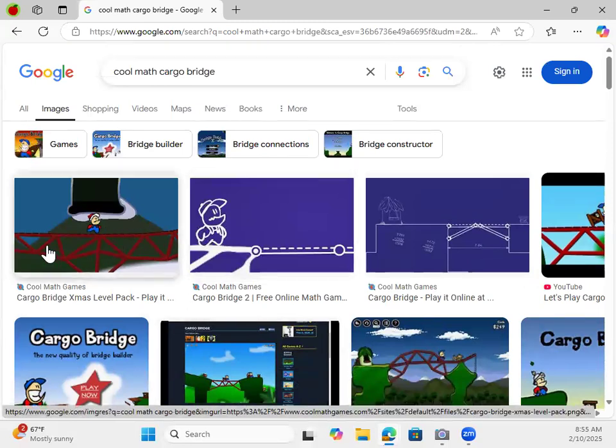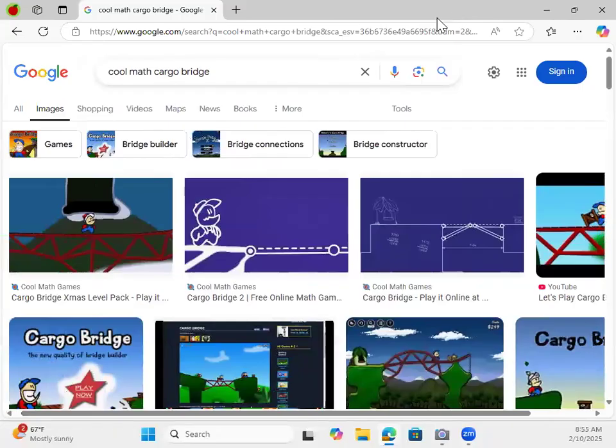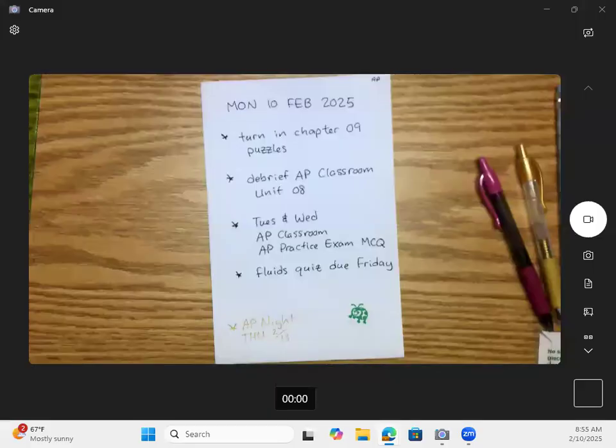Say you've got to bridge some gap. If you just have a bunch of even planks, without all these triangles, this truss system, it would be really weak. It would just fall apart, like a swing bridge or something. But you throw these triangles in, and then it's really strong. Of course, it's a computer animation version, but it's pretty good.